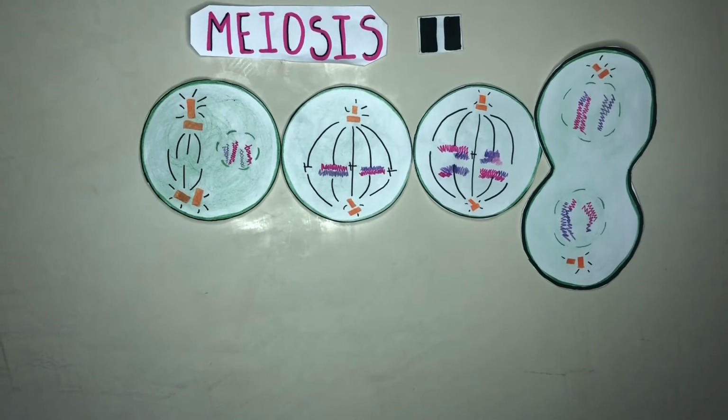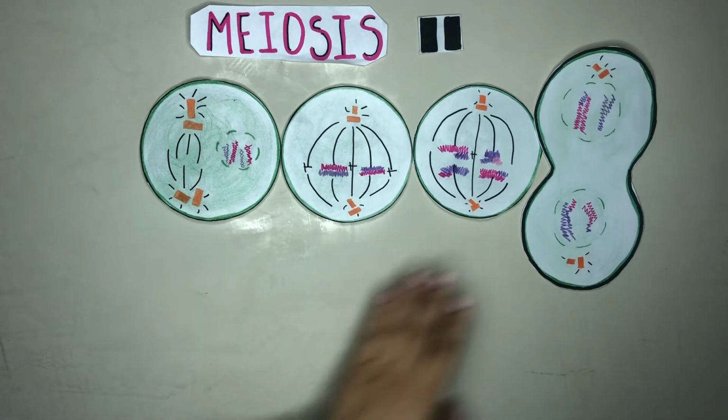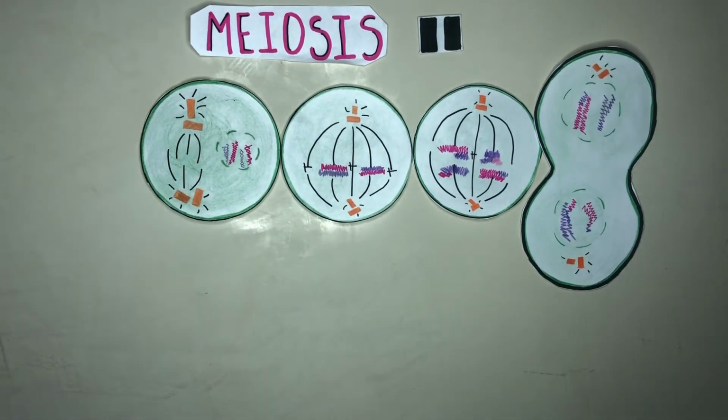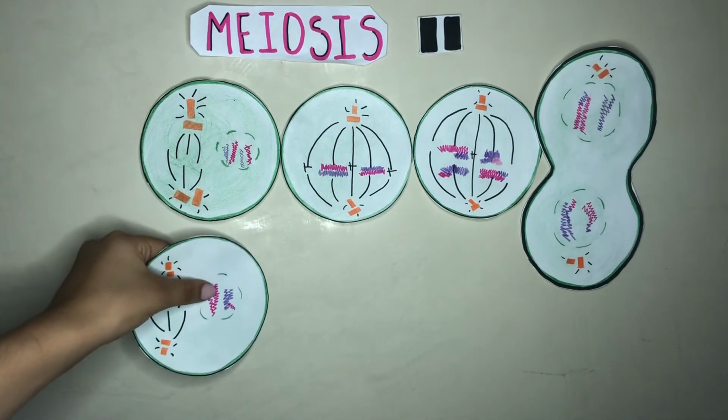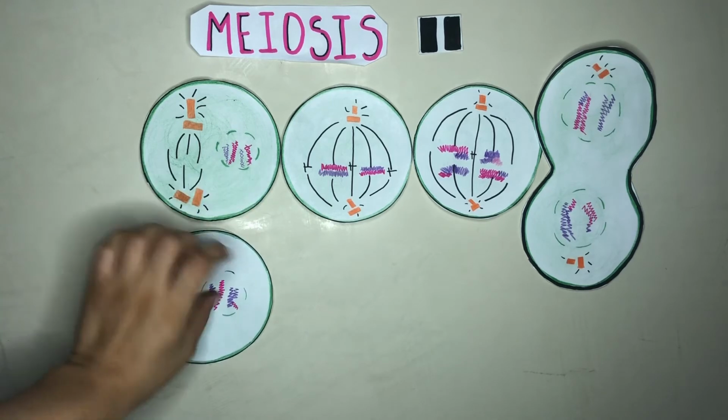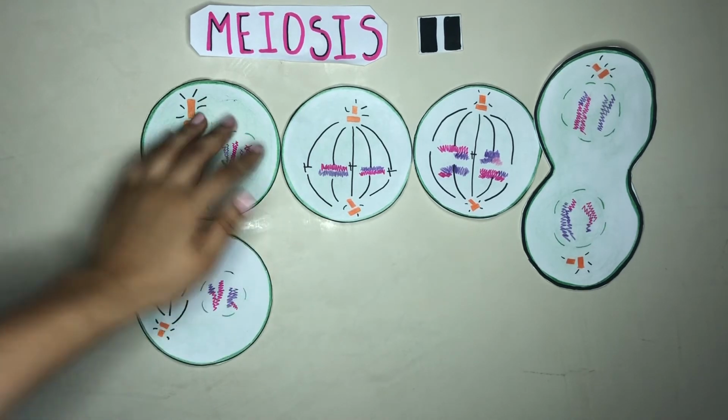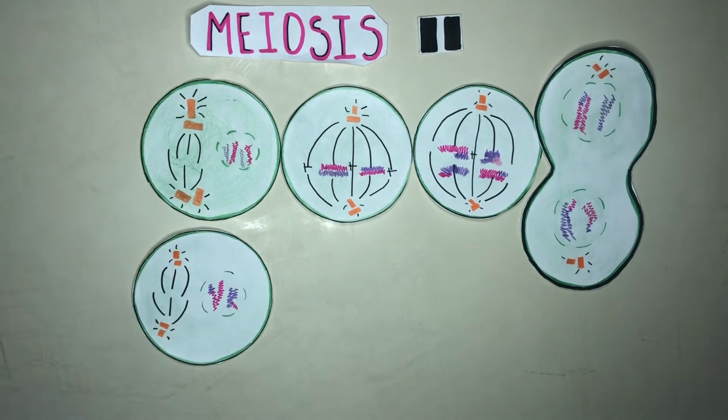So here we have meiosis 1, and we are going to explain meiosis 2. At first we have the prophase 2, which in this case will be these two cells. You remember that in meiosis 1 the first cell was a diploid cell.